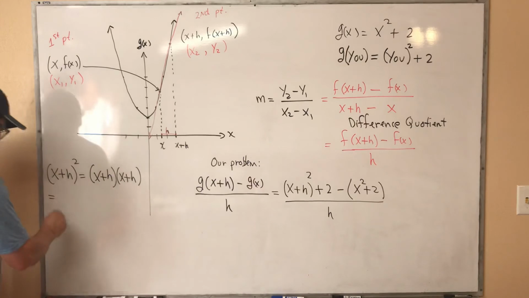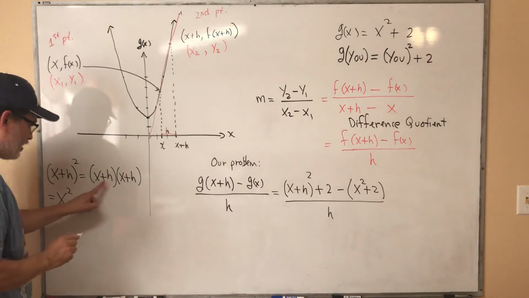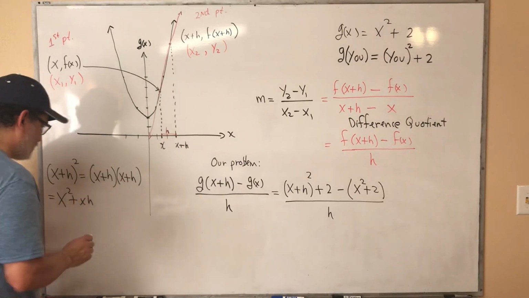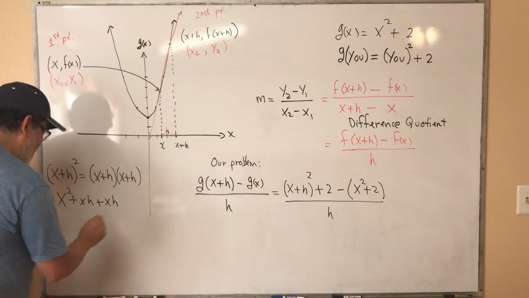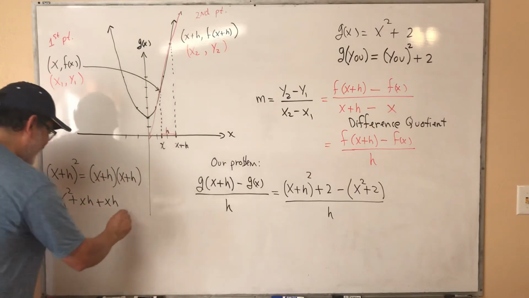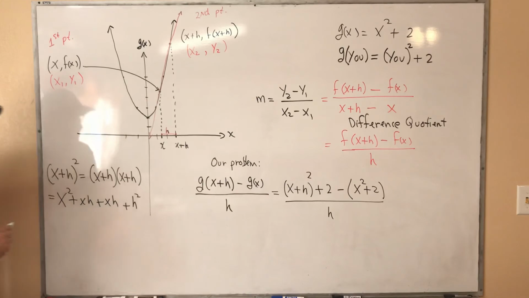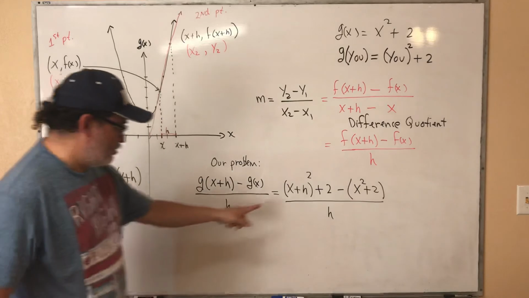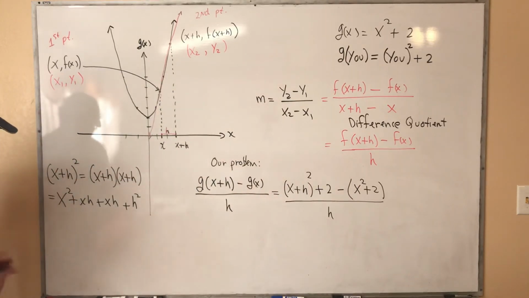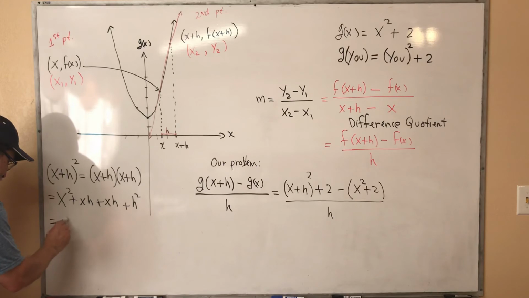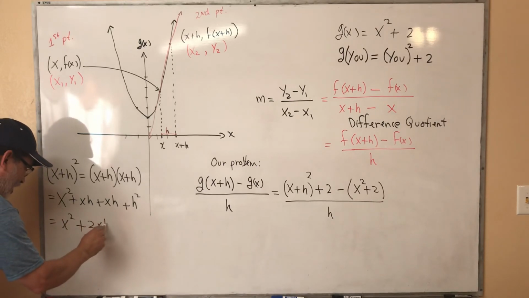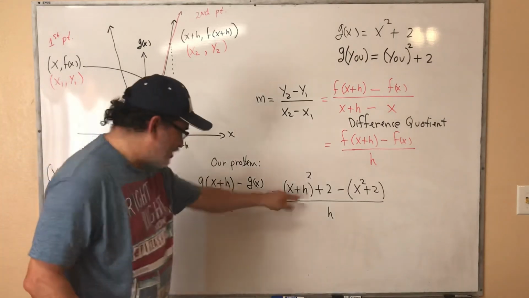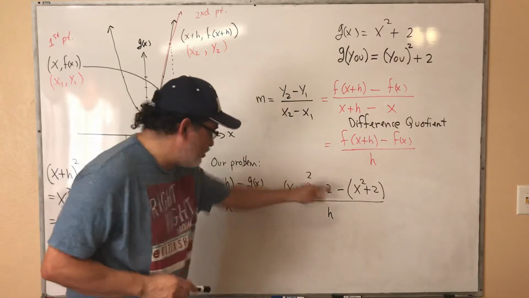X times x is x squared, x times h is xh, h times x is xh, h times h is h squared. Let's add this together. X squared plus 2xh plus h squared. Plus that 2.